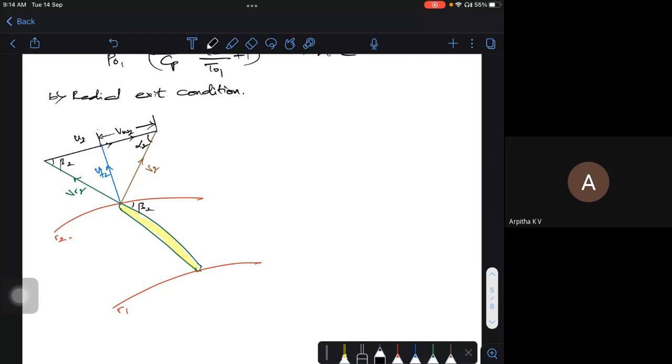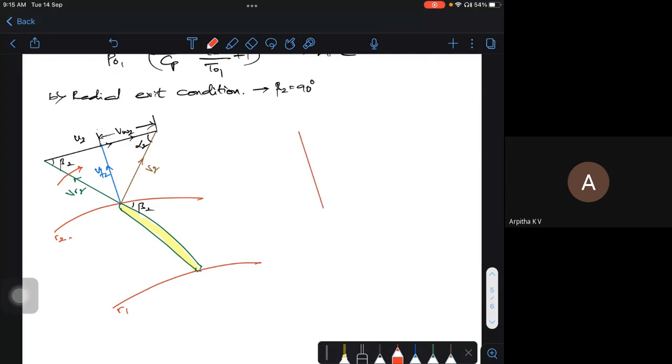Now what will happen? If I say radial exit conditions, I am trying to pull this beta 2 so that beta 2 becomes 90 degrees. Then this VR2 will combine with VF2, and I will get a triangle of this fashion.